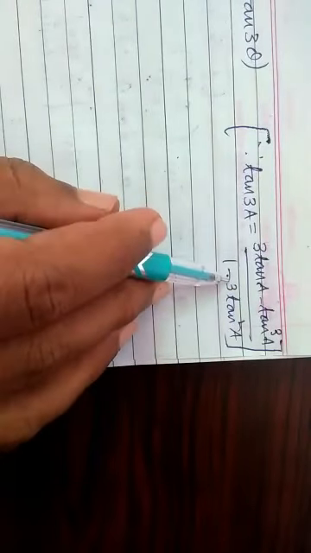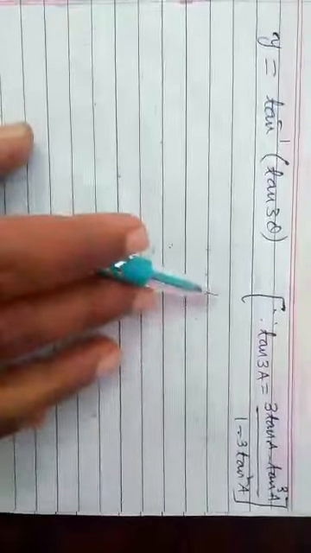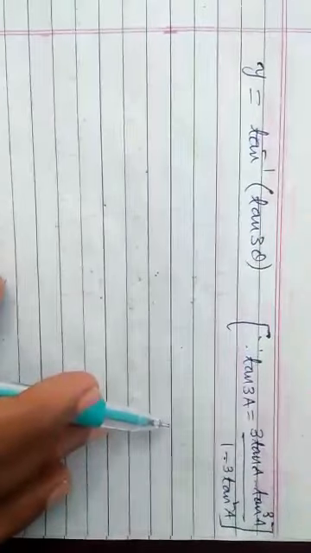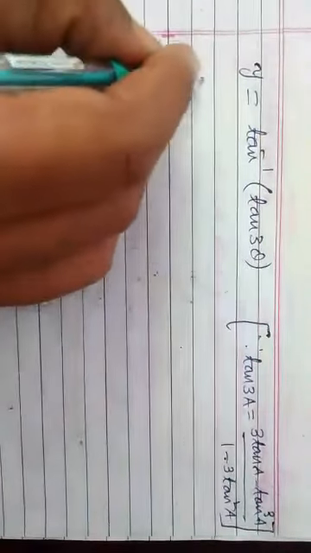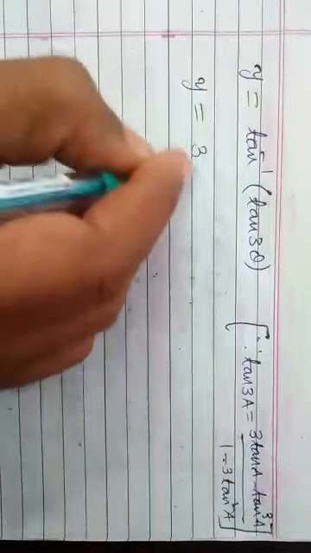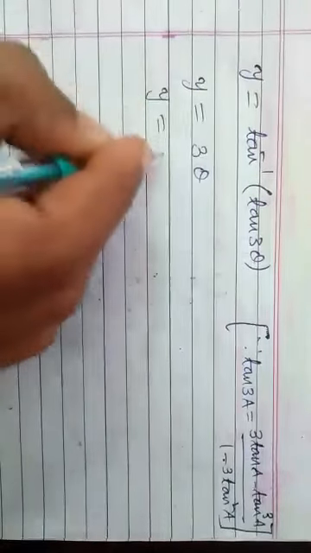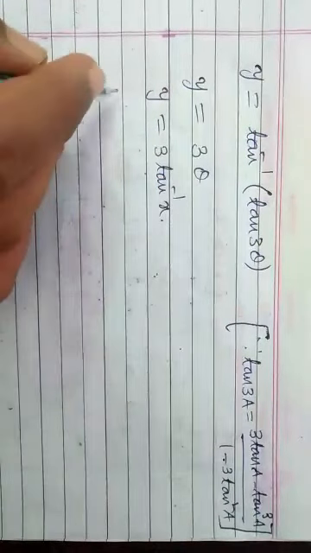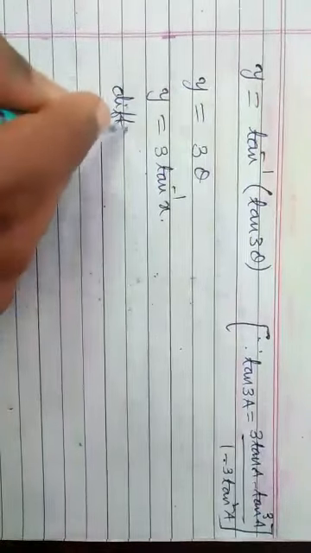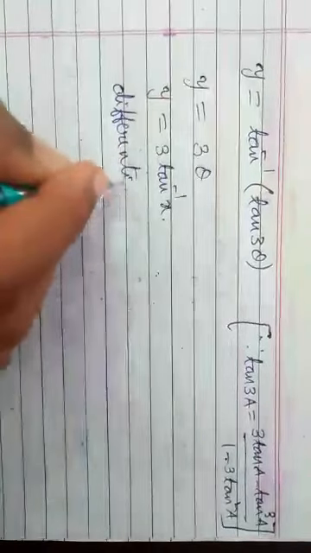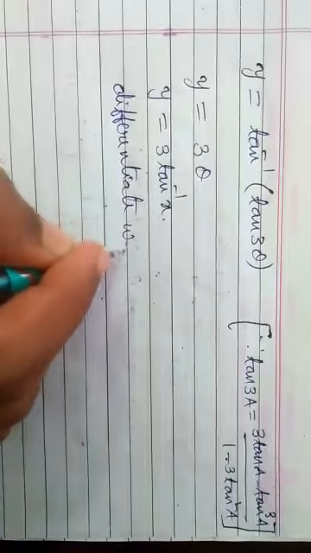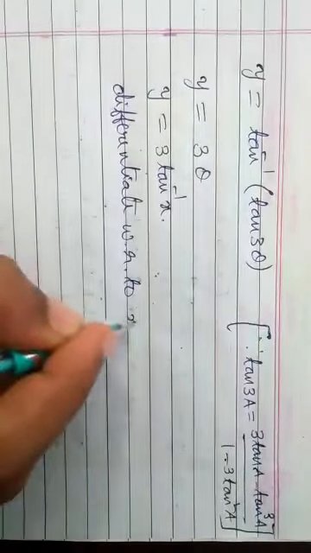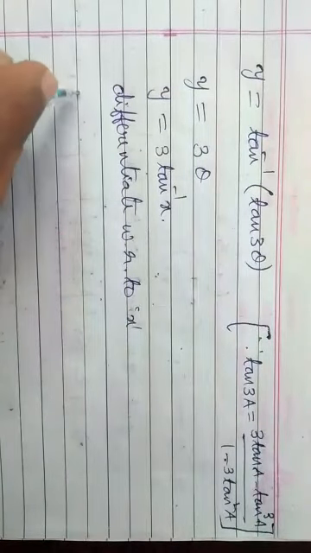By using this identity, our problem becomes y is equal to tan inverse of tan 3 theta, then y is equal to 3 theta, and y is equal to 3 into tan inverse x. Differentiate with respect to x.